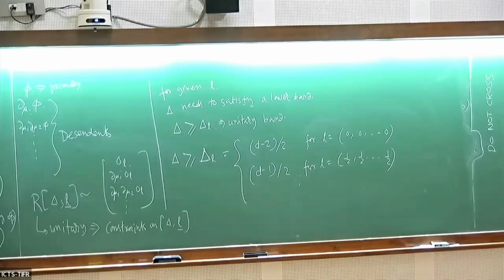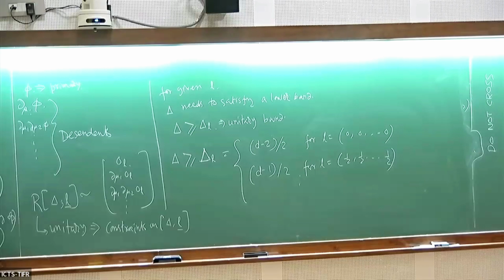Now, when the bound is satisfied, that is delta equal to delta L for some operator, then if I act with del on that operator, I'll get first a null state and then negative norm states. So we need to remove null and negative norm states.